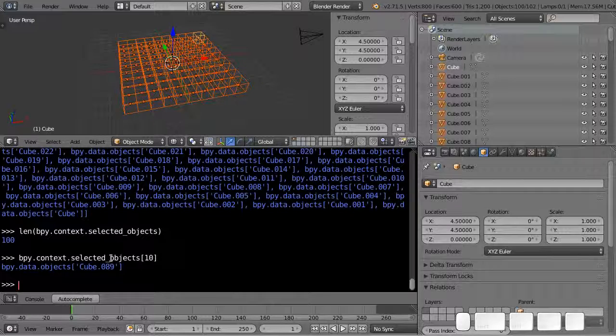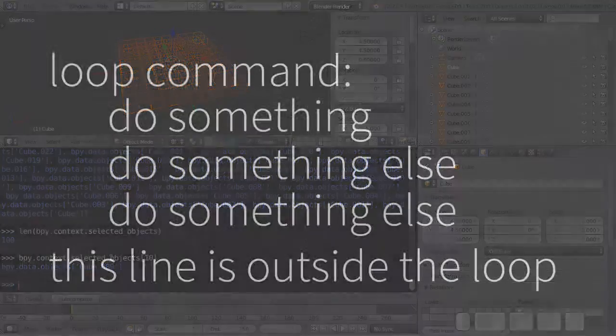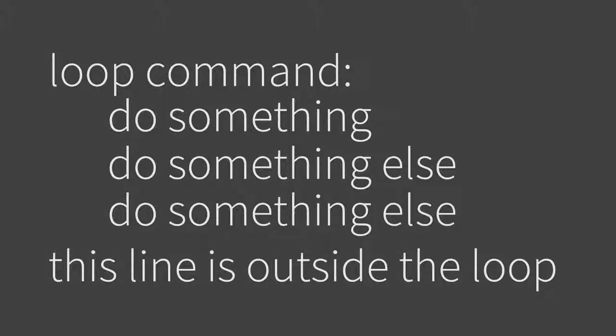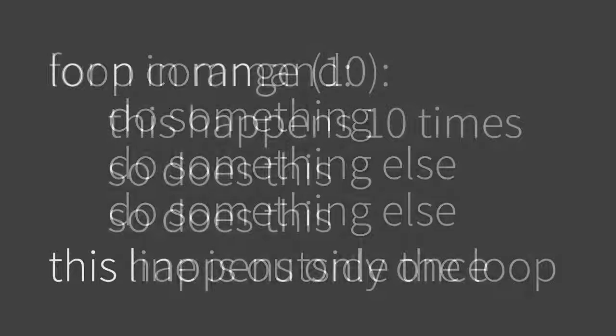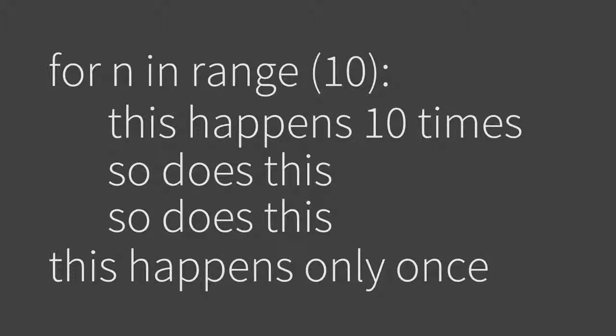Now I have this list, I want to do a bunch of stuff, and we're going to use what's called a loop. The loop syntax looks like a command, like do this loop, and then everything inside the loop has to get indented in, and that is the body of the loop.